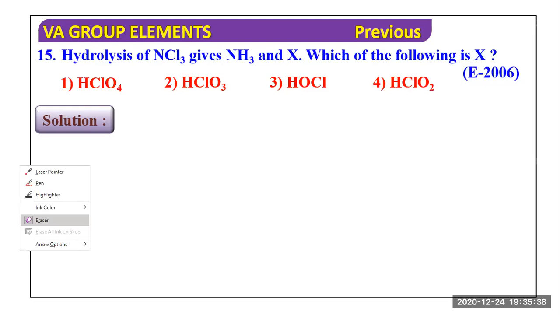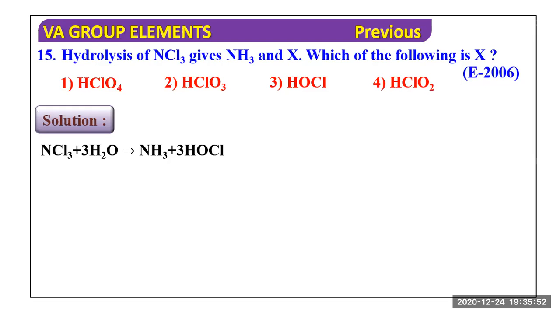Okay. So the reaction is like this: NCl3 plus H2O gives NH3 plus HOCl.